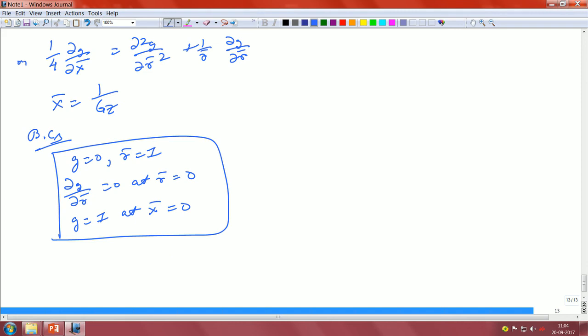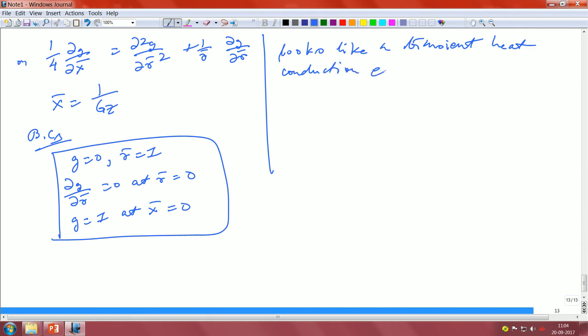So this is an interesting observation. This looks exactly like a transient heat conduction equation, right. So it looks like a transient heat conduction equation, correct, like a time marching, right, in a cylinder, that means in a cylindrical coordinate system.